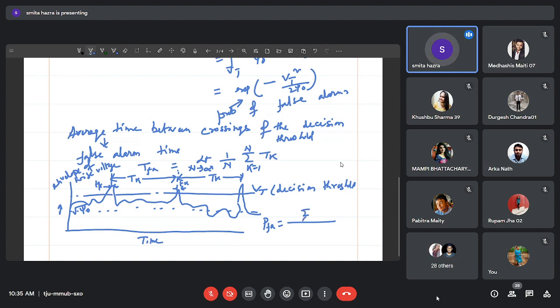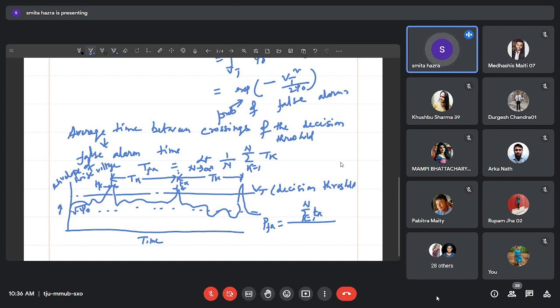Summation over k equal to 1 to n. That means let us consider the phenomenon is appearing n times. If we take the sum of all these durations, here it becomes above the Vt for a small tk duration. Again here it is above the Vt for a small tk duration. Again here.